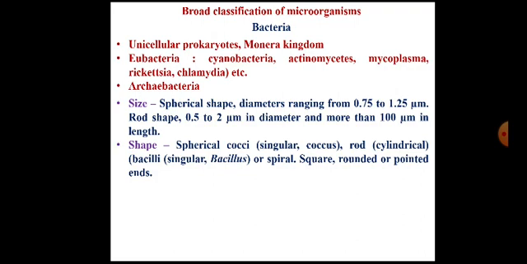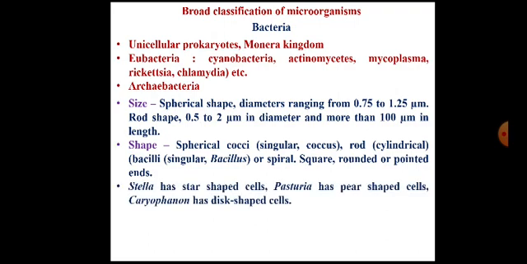They exist in rod shape, which is also called cylindrical shape, or bacillus in singular, bacilli in plural. So if it is bacillus, it indicates the shape of the organism is rod shape. Bacteria may be of different shapes like square shaped, rounded, or pointed ends.